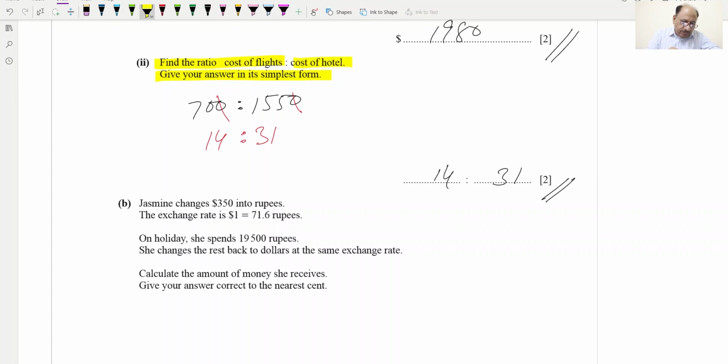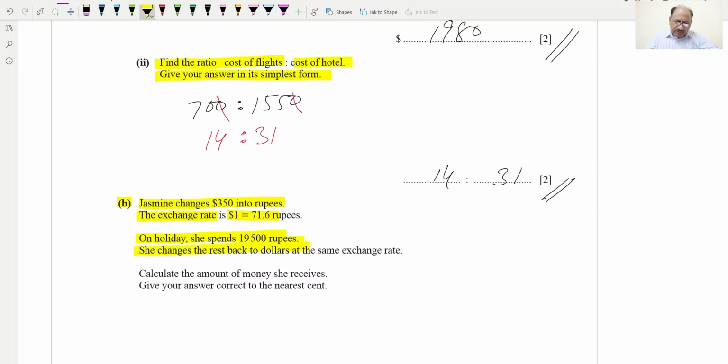Now B part. B part says Jasmine changes $350 into rupees. The exchange rate is $1 to 71.6 rupees. On holiday she spends this much in rupees.